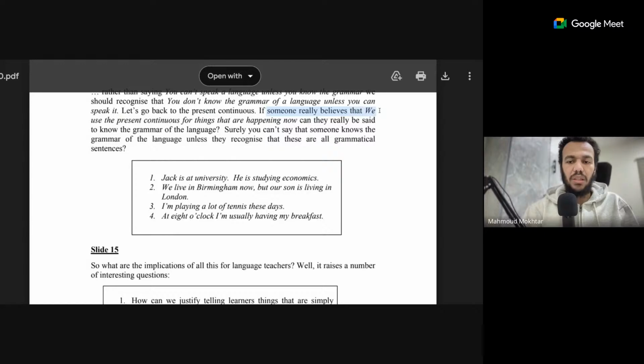Again, let's read this again. If someone really believes that we use the present continuous for things that are happening now, can they really be said to know the grammar of the language?